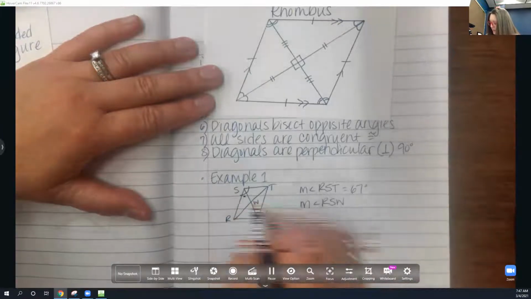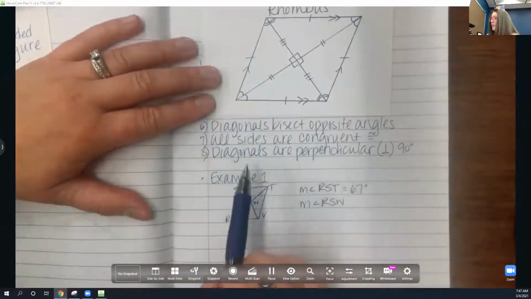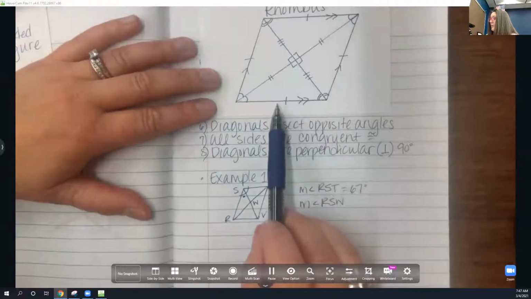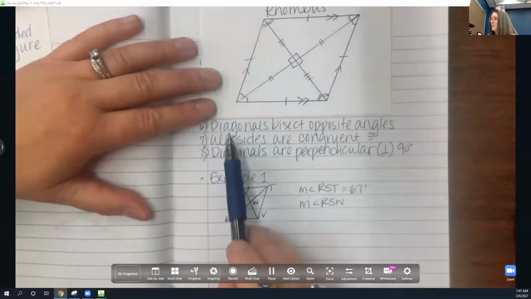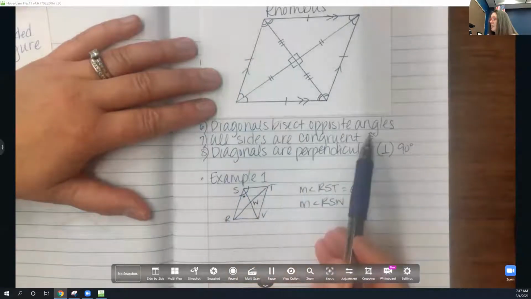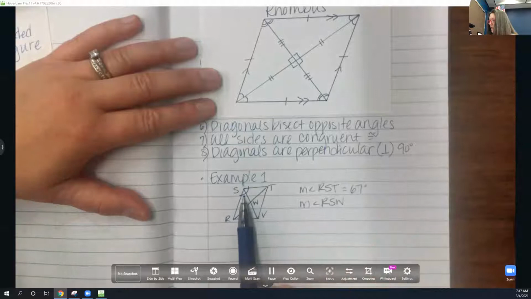That's this angle here. So what do we know from our rhombus up here and our qualities here? Diagonals bisect opposite angles. So what does that mean here? It means that this diagonal, SV, cuts this whole angle in half.